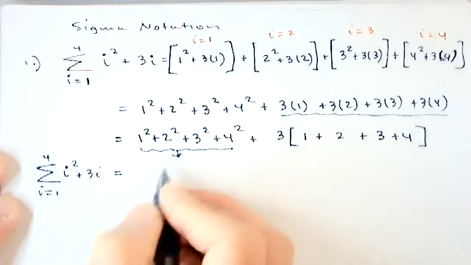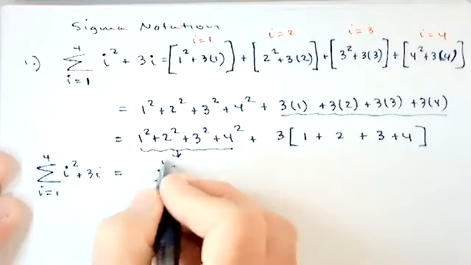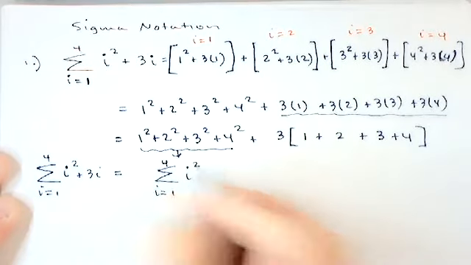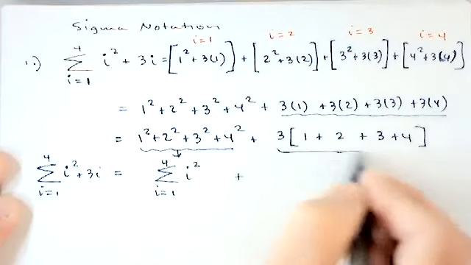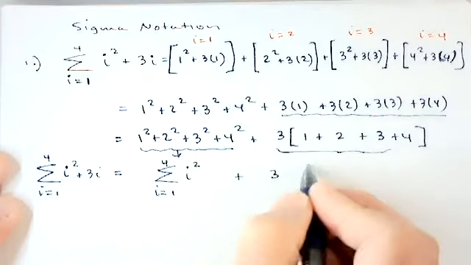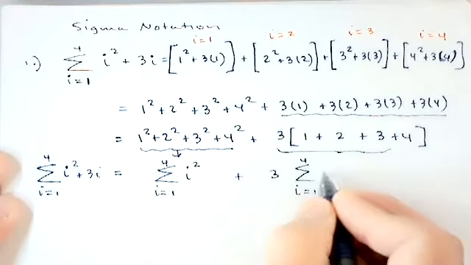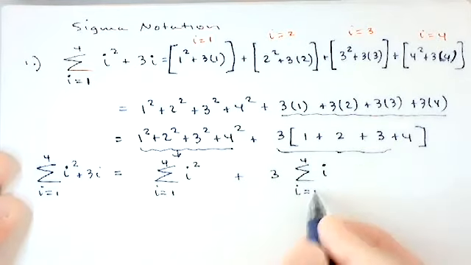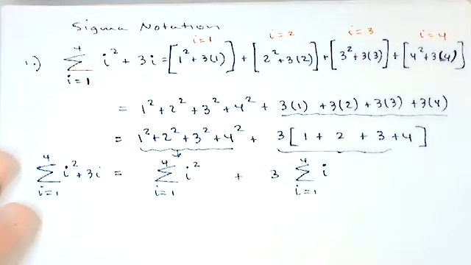So this right here is just the summation from 1 to 4 of I squared. And this right here is 3 times the summation from 1 to 4 of just I, right? Think about it. That would give you 1 plus 2 plus 3 plus 4. The top number tells you when to stop.